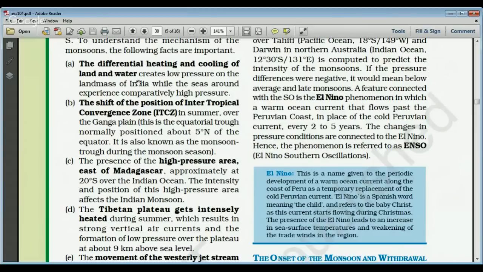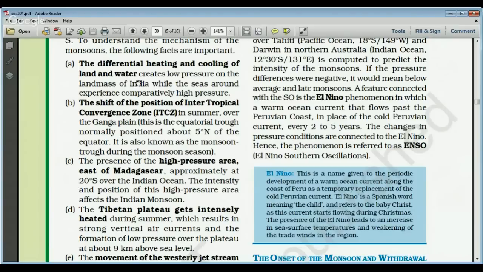Because high pressure is present in the seas and low pressure is present in the land mass, the wind will move from high to low, and that is why the monsoon wind will be attracted toward the low pressure of the land, or low pressure of India.